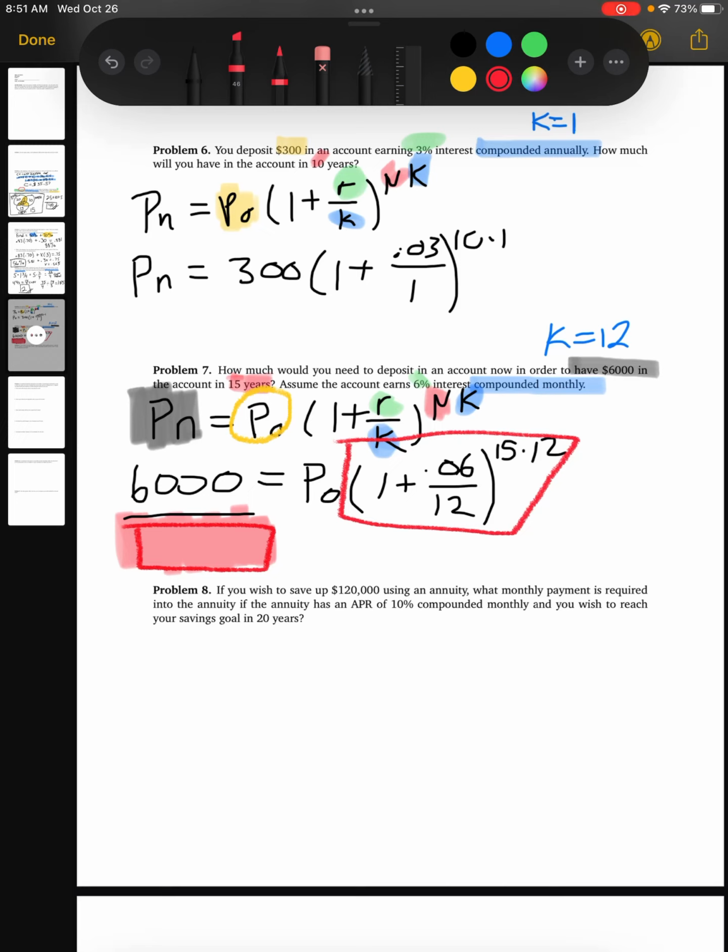All right, so let's take a look at problem 8. Again, we're going to figure out what formula to use and how to plug it in. This problem says, if you wish to save up $120,000 using an annuity, what monthly payment is required into the annuity if the annuity has an APR of 10% compounded monthly and you wish to reach your savings goal in 20 years?